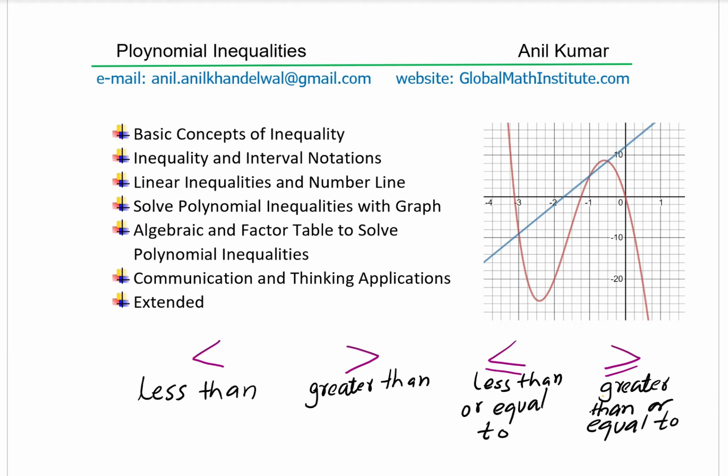The terms "and" and "or" are very critical while we are working on this unit, since it will make a huge difference, right? Let me show you with an example here. We have a graph, and let us say we name this function f of x and the other one g of x.